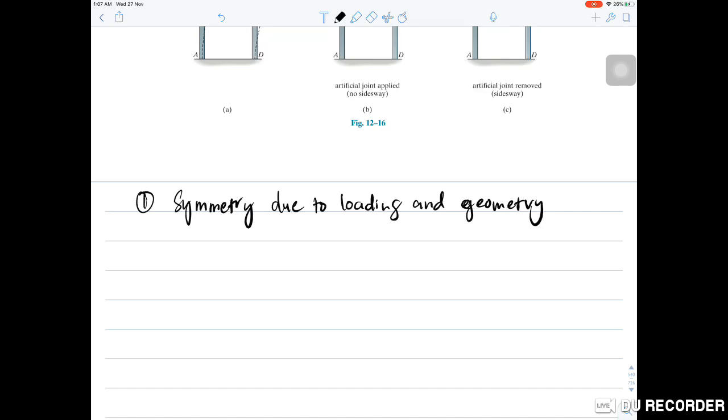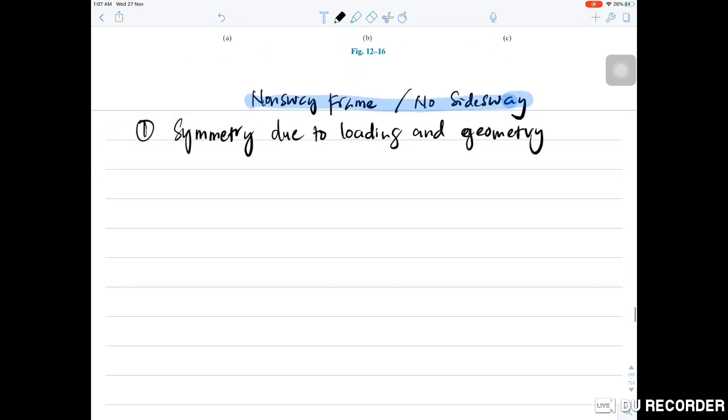So this is the condition for non-sway frame.